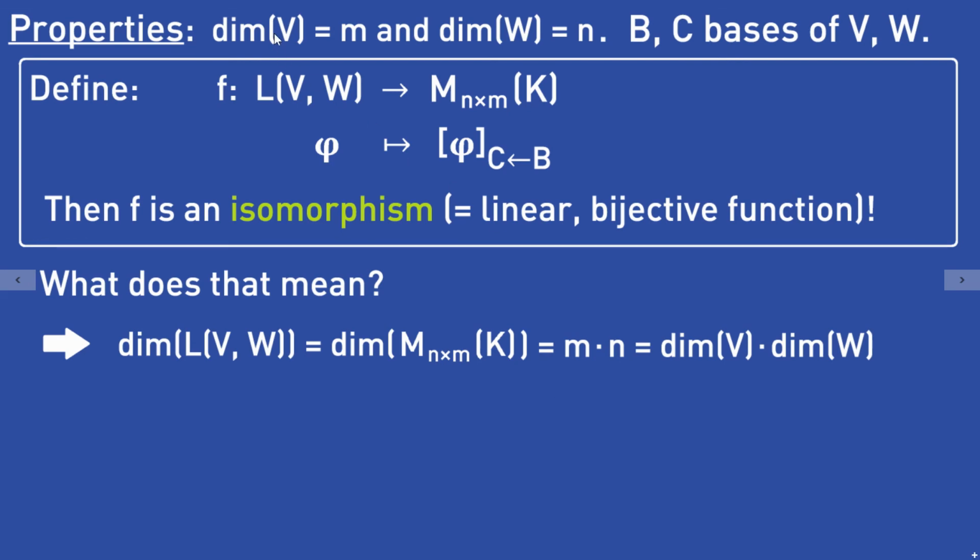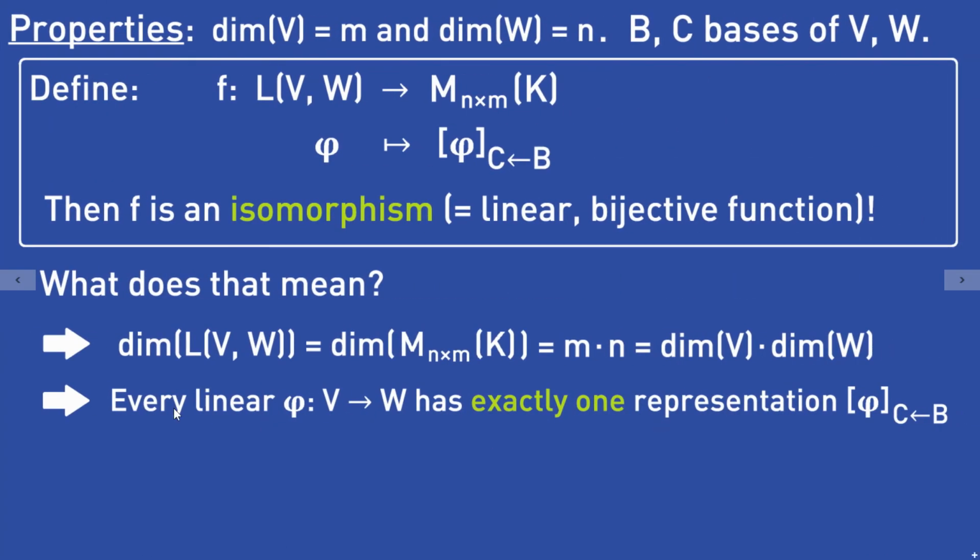M is the dimension of V. N is the dimension of W. So this here is equal to the dimension of V times the dimension of W. So that means the dimension of the vector space of all linear mappings from the space V to the space W is equal to the dimension of V times the dimension of W.